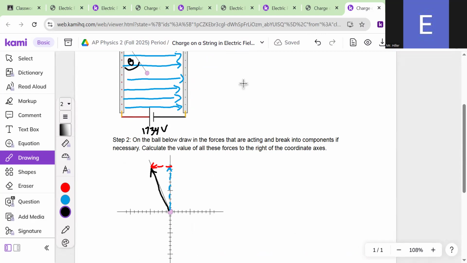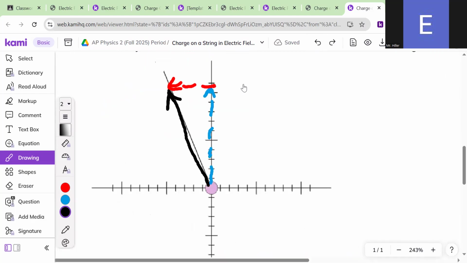This is my angle theta right here, which means this is also my angle theta. The blue vector right here, that's the adjacent side of the triangle, so that would be T times the cosine of theta. The red vector up here is the opposite side of the triangle, that would be T sine theta.